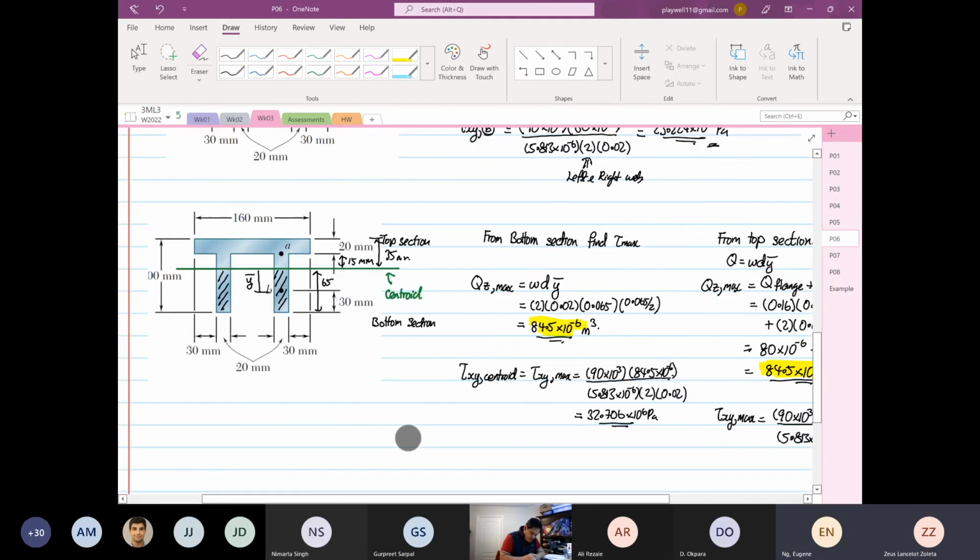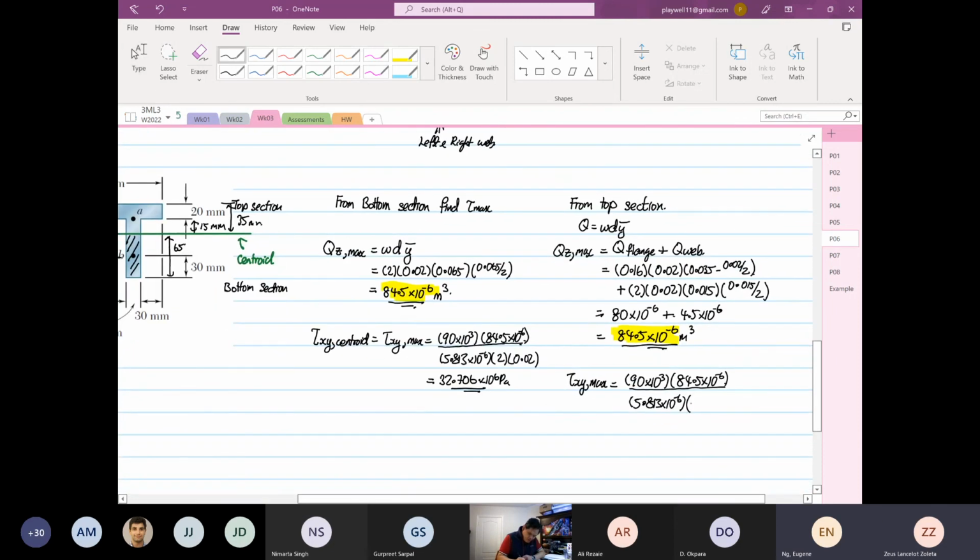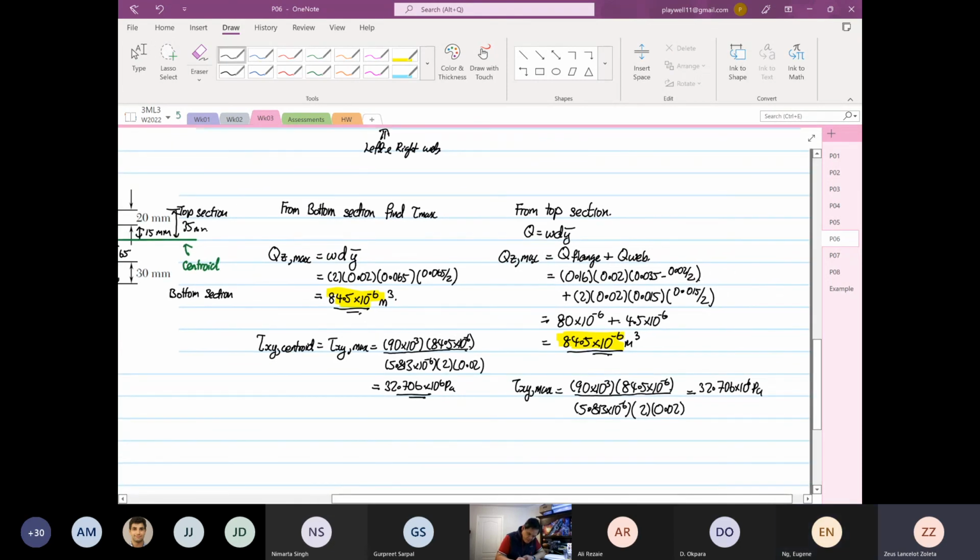At the centroid, you have left and right, so you divide by 2, and then the thickness is 0.02. Exactly the same. Write this properly: 32.706 times 10 to the power 6 Pascal. Exactly the same. And I'm going to stop here for the lecture.